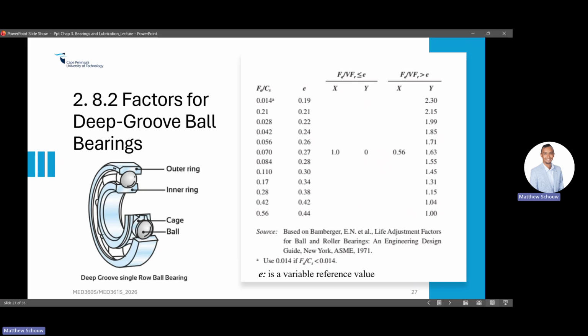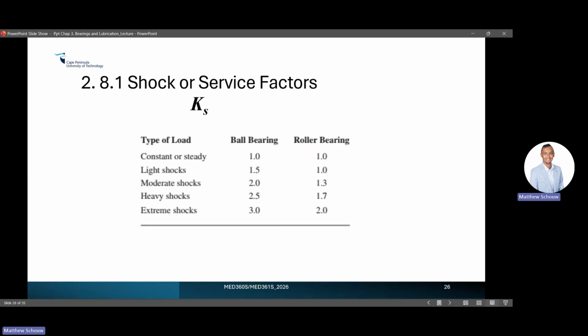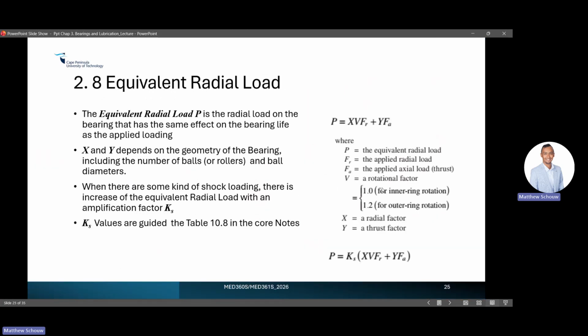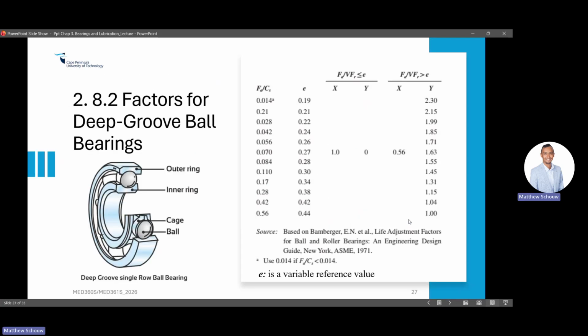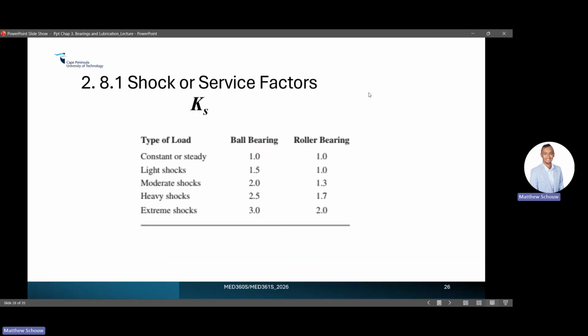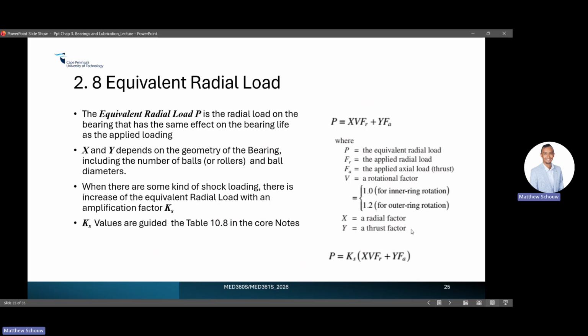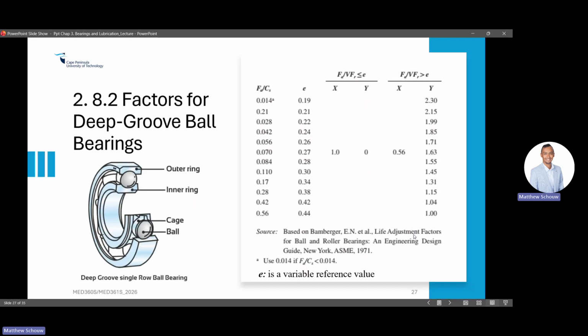Nevertheless, for a deep groove ball bearing, that's the table I'm looking for. In relation to this over here, this is going through the procedure on how to do this. We need to look at the actual load divided by our static load. We need to find e, which is a reference value, which will determine which of the X and Y factors, your radial and thrust factors, we'll be using in the equation.